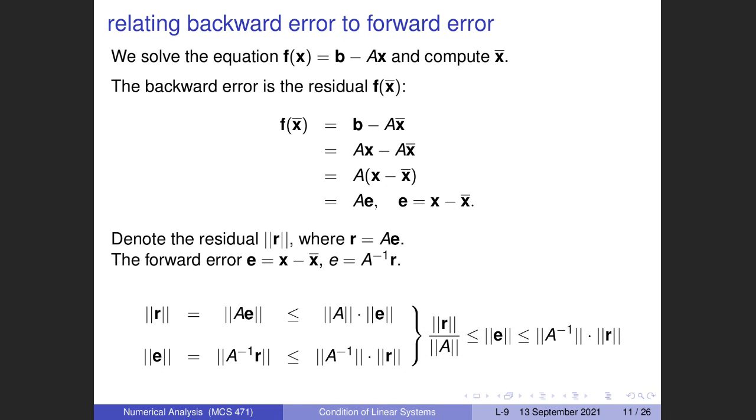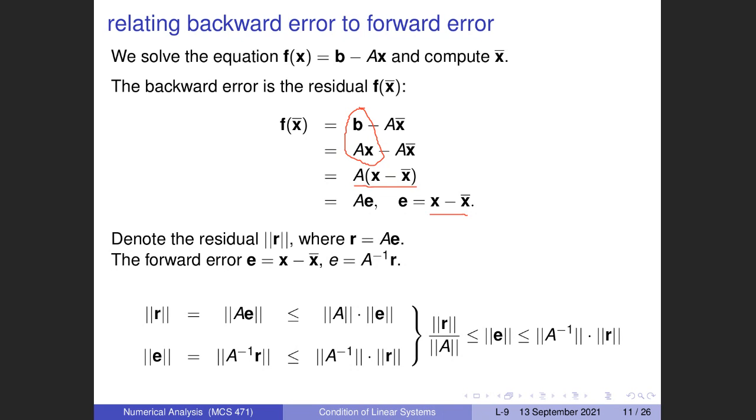We know that b equals A times x, so we can replace b by A times x, and then we see that the residual that we computed is actually A times the forward error. So you see the relationship between the backward error, what we can compute, and the forward error, what we actually want to know.